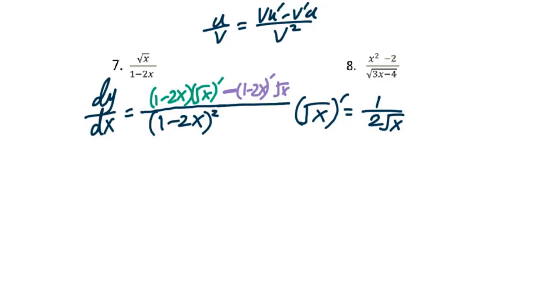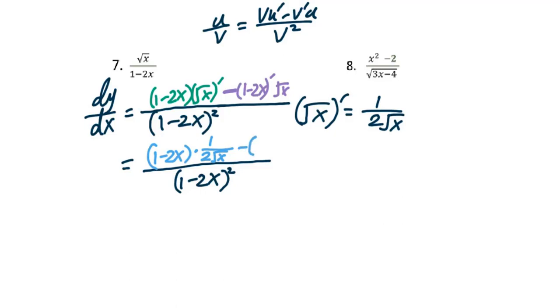So we organize now. You will get 1 minus 2x squared. For 1 minus 2x stay times 1 over 2 square root of x. Then minus the derivative for 1 minus 2x, which will be negative 2, then square root of x here.